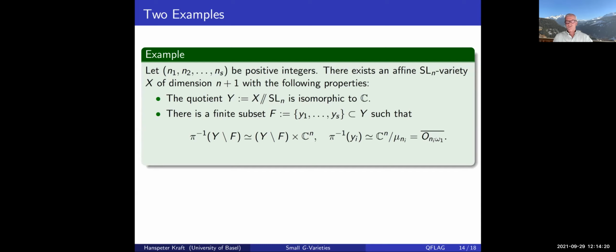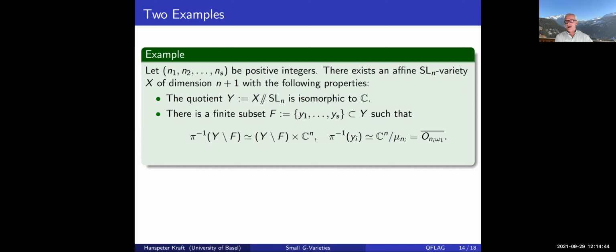If you remove this subset, then the quotient is a trivial bundle with fiber C^n. However, the fibers over these special points are C^n modulo mu_ni, with the given ni above.